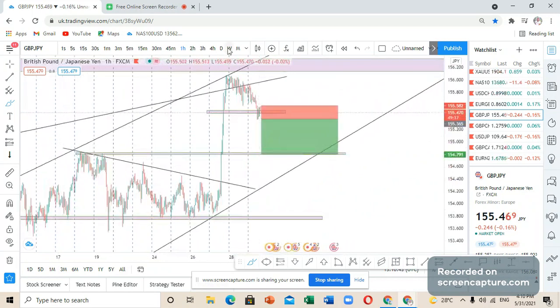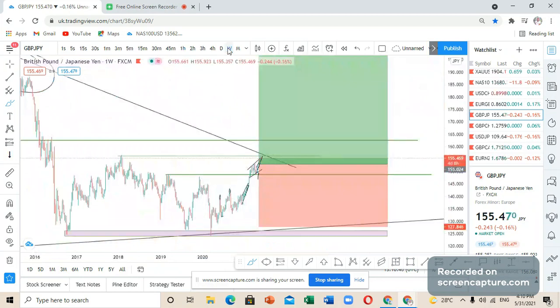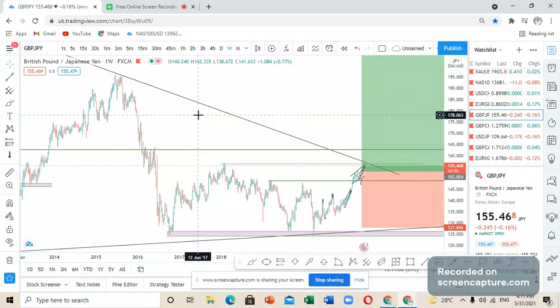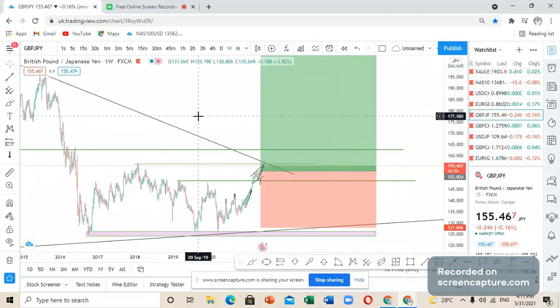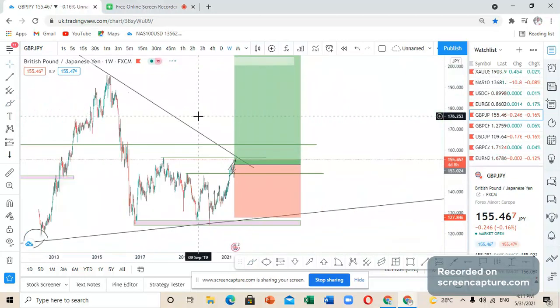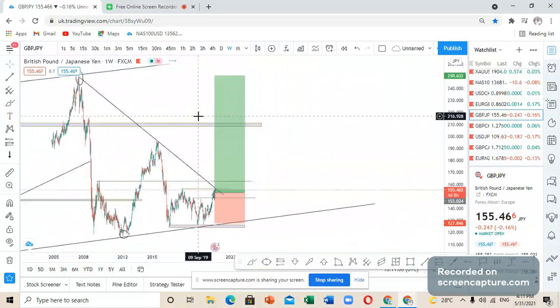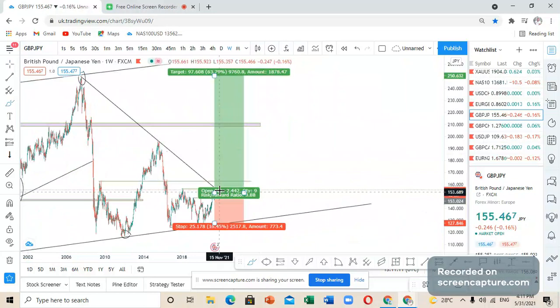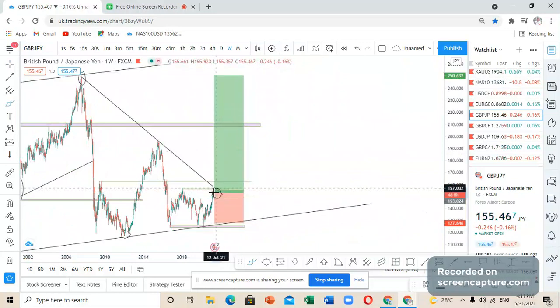So let me go back to the weekly time frame so that I can explain further what I'm trying to say when I'm talking about a breakout to the upside. From the weekly time frame, you can see the kind of breakout that I'm expecting. Let me zoom out so that you can have a clear view. The market is currently at this position here.